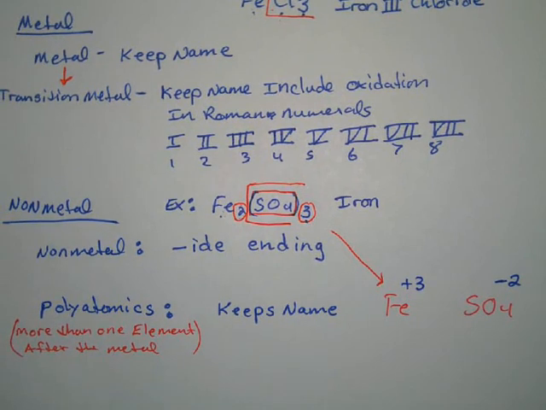I know metals are always pluses and nonmetals are always negatives, right? Pluses for the metals, negative for the nonmetals. So when these two guys hooked up, all they did was give each other the numbers, right? That's all they did. Oh, by the way, when you get more than one, they usually put the polyatomic in parentheses. But we'll talk about that later.